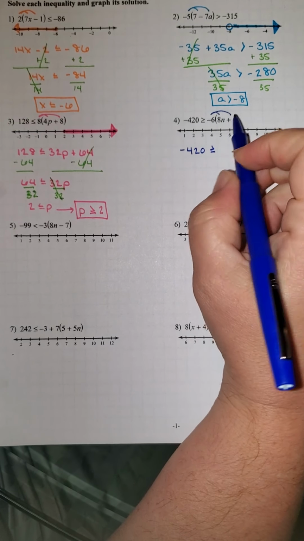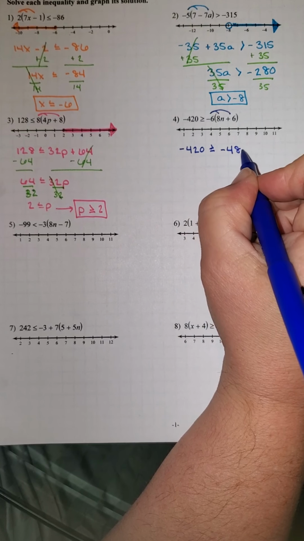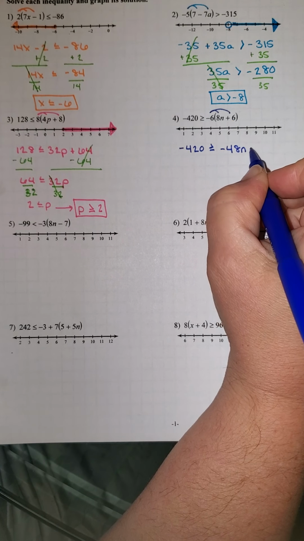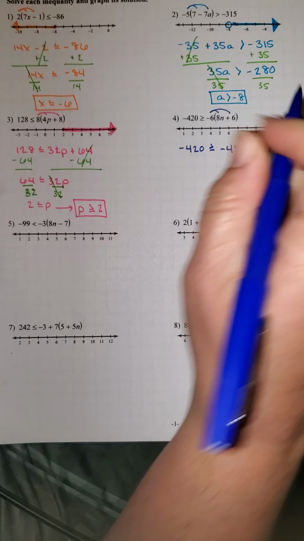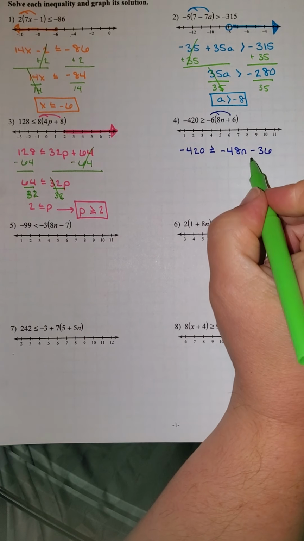Alright, so negative 6 times 8, that's negative 48n. Negative 6 and positive 6, that's negative 36. Alright, so I'm going to start by adding 36 to both sides.